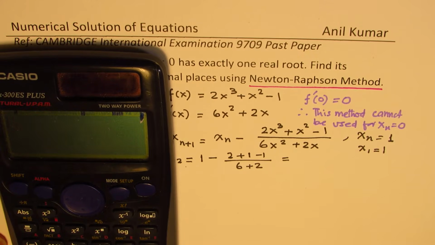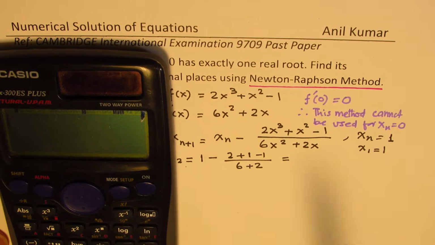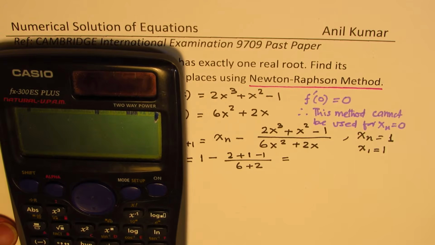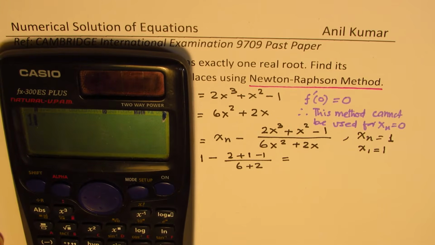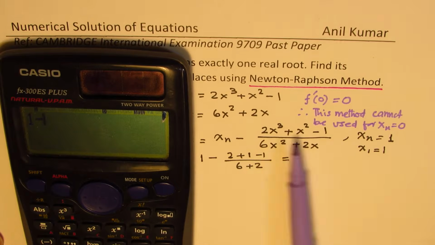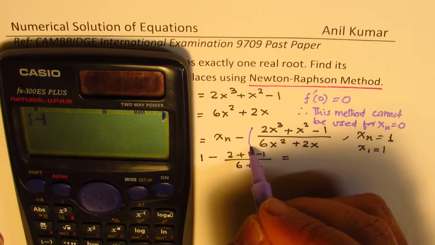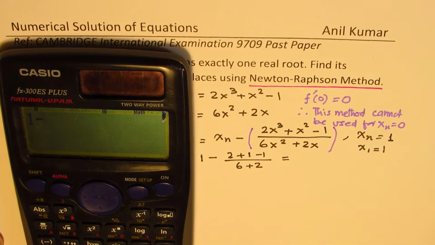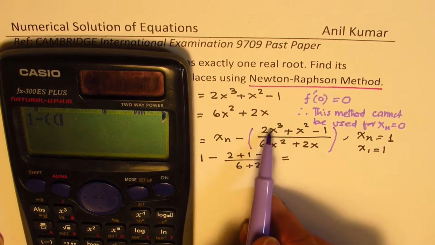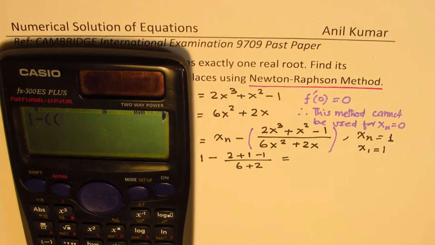So I'll show you how to evaluate these numbers using a scientific calculator. So xn is 1, so we'll write 1 minus, then we have to use this term, so I'm going to put everything in brackets. So I'll put 2 brackets here. In the first bracket, we'll put the numerator, which is 2 times 1, our first value, cubed, plus 1 squared, minus 1.